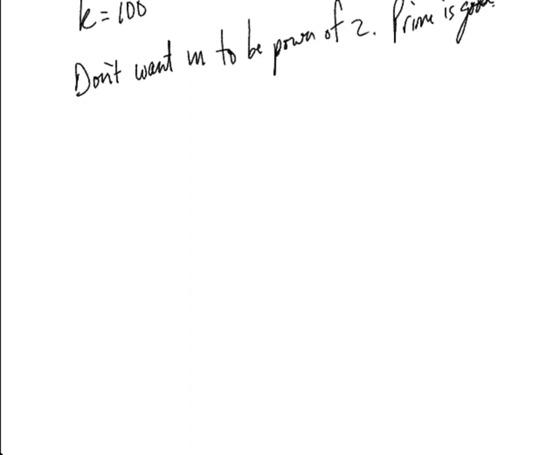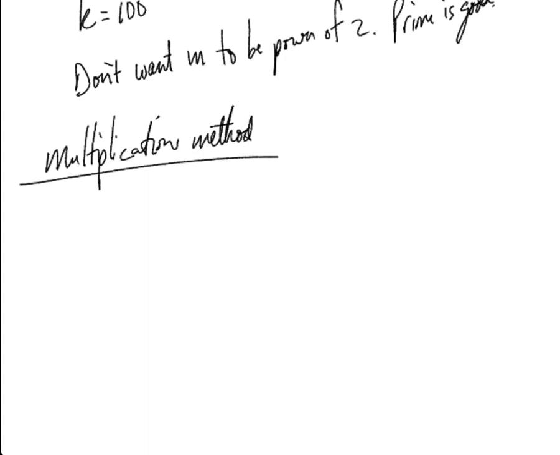The second and final hash method we'll talk about is the multiplication method. So let a number a be in the open range 0 to 1. Or in other words, 0 is less than a is less than 1. So a is like 0.5, 0.75, whatever.